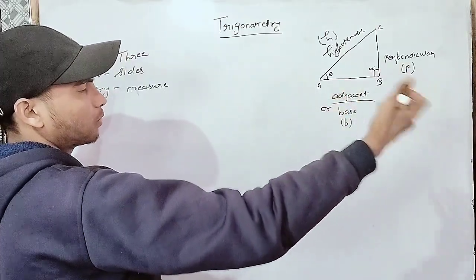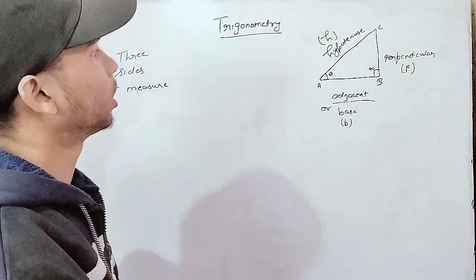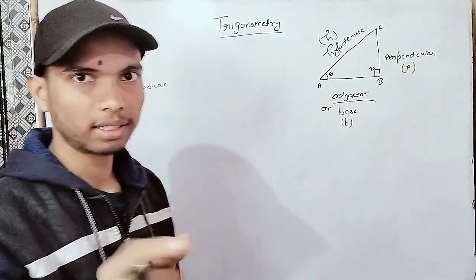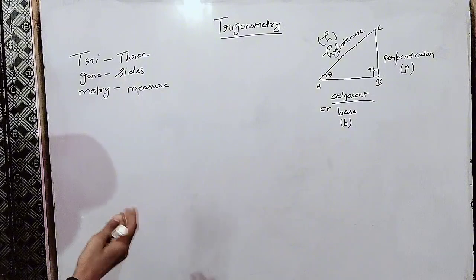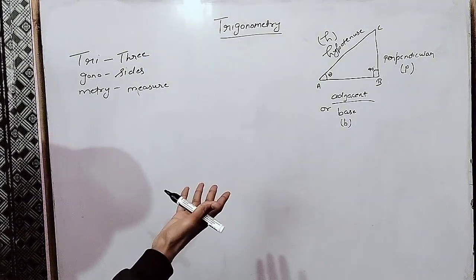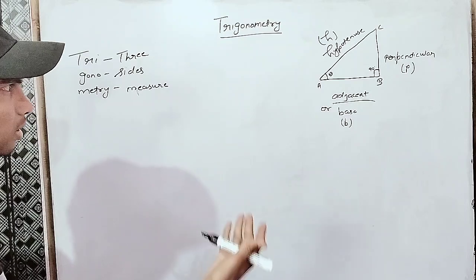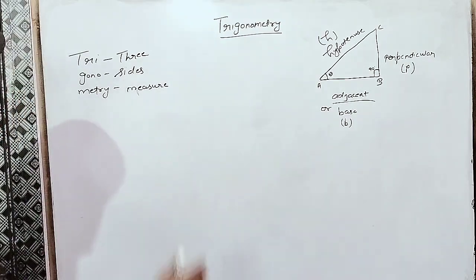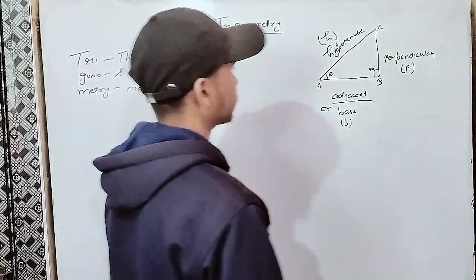If you know the value of this angle, then you can write it in mathematics. So the meaning of theta is that we don't know the value of the angle. That's why we apply this symbol.